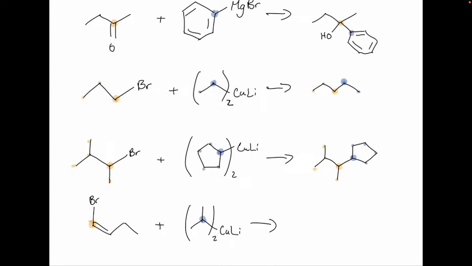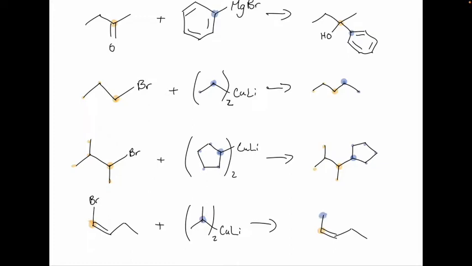So again, I'm going to start by drawing my alkenes, 4 carbons. But now when I attach that Gilman, I'm going to do so that it's pointed on the same side, because that's what it was with my starting substrates.